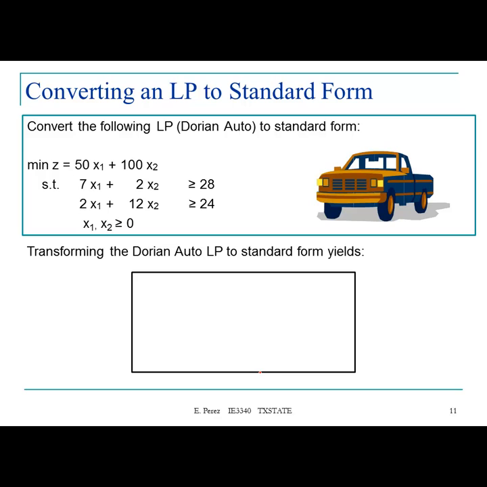So you remember we had these greater or equal constraints that were basically you wanted to at least get to 28 million women and 24 million men with this commercial.